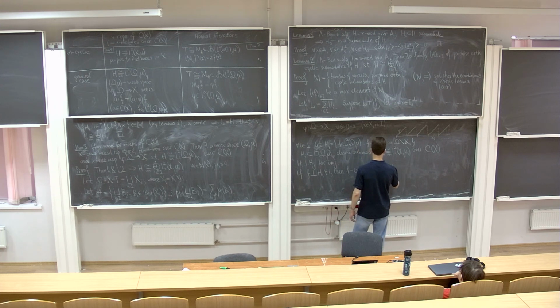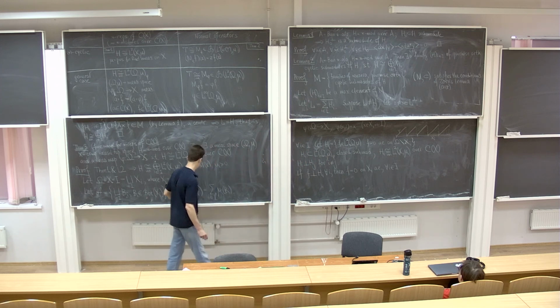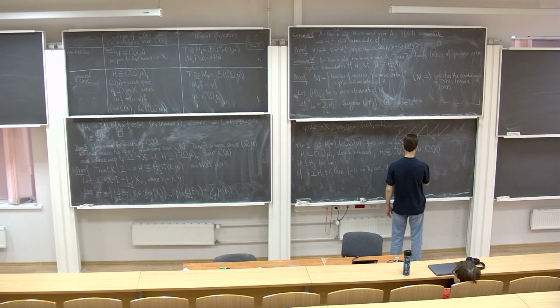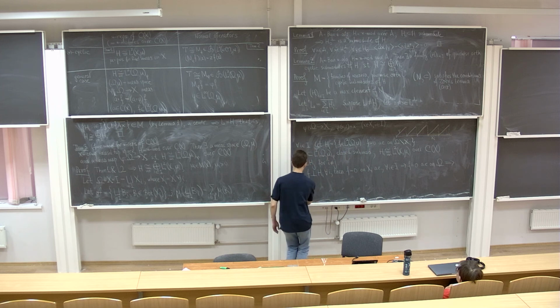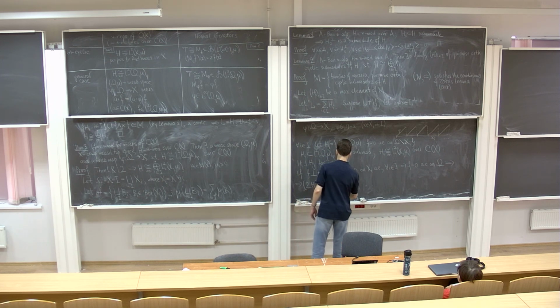And this happens for each i. But if we look again at the definition of our measure, this means that f is 0 almost everywhere on omega. And so this implies that the orthogonal complement of the algebraic sum of the family Hi is trivial. Or in other words, this means that this sum is dense in L2.